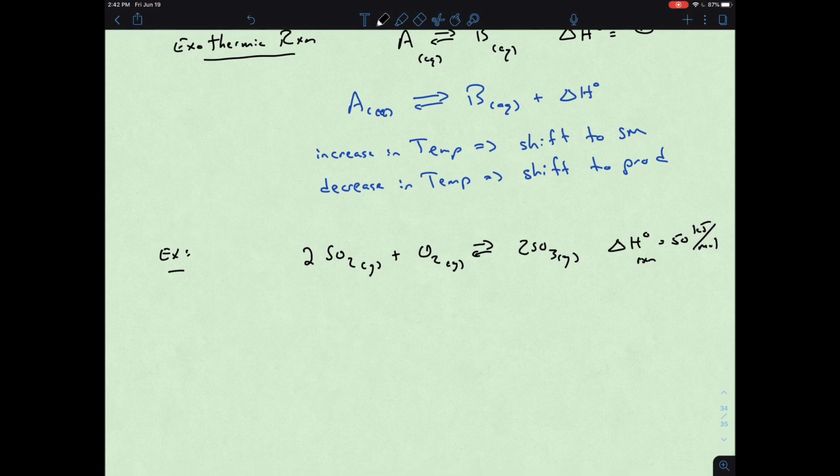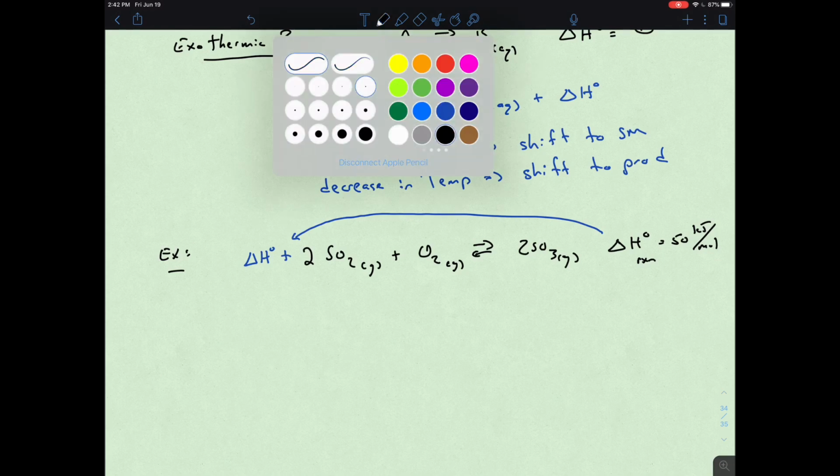And so right away I would write that delta H in for where it should go. Right? It should go on that starting material side.